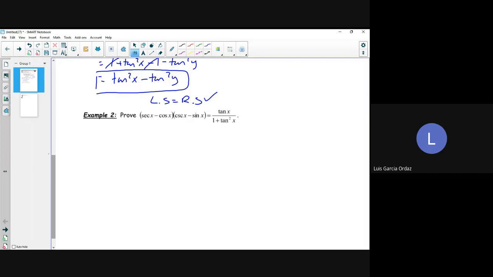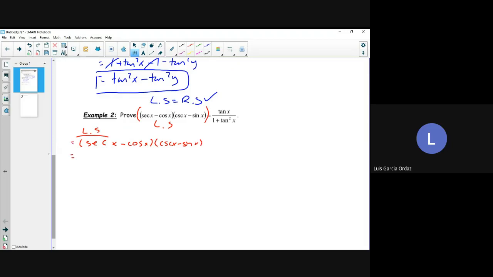So let's start with the left side first and see if we can make it equal to the right side. So let's focus on this side first. On the left side, we have secant x minus cos x times cosecant x minus sine of x.